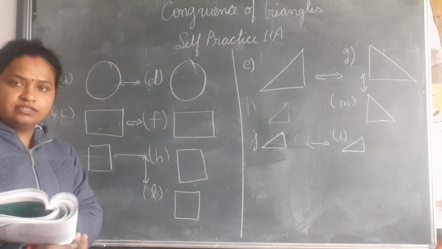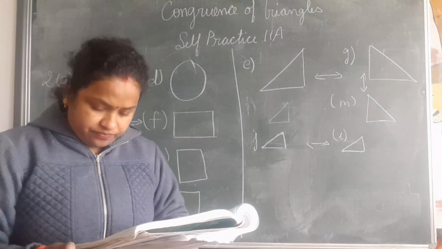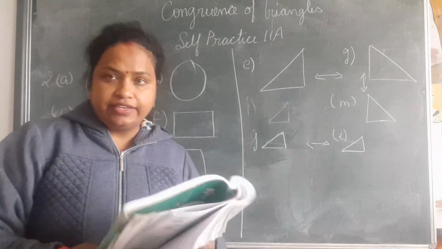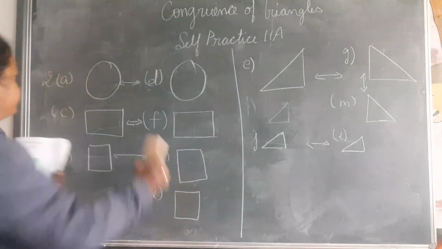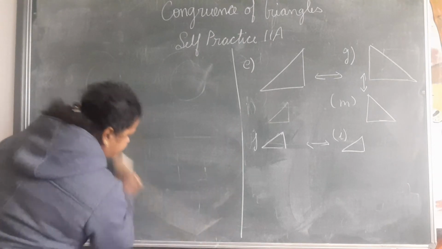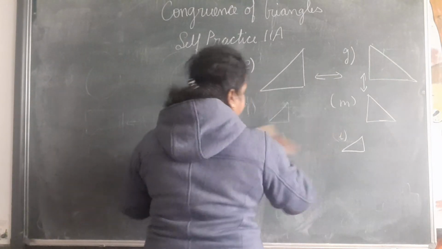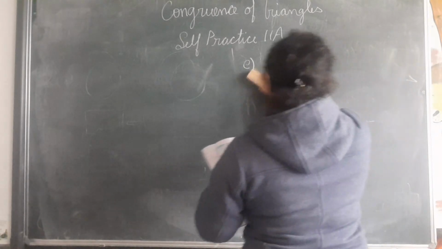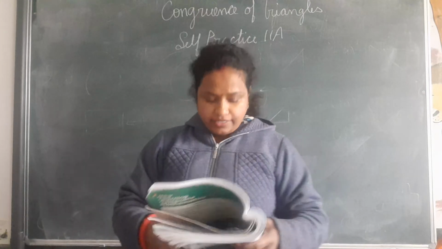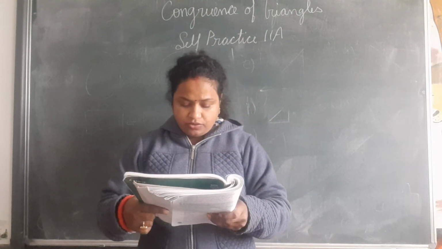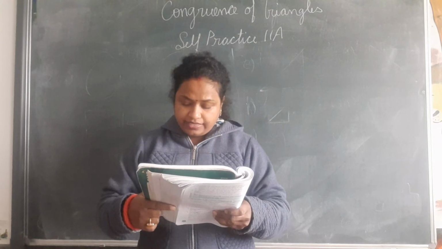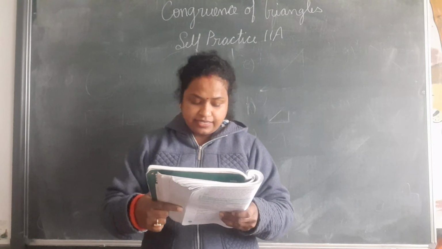Okay, students, now see the pair of triangles, question number 3. What is there in question number 3? The pair of triangles drawn below are congruent triangles. Name the congruent triangles with the matching angles in the same order.